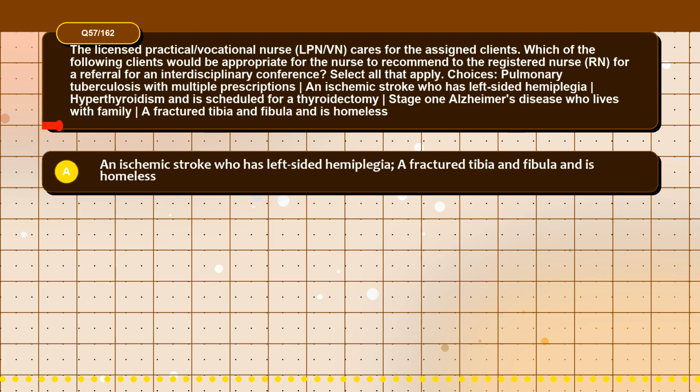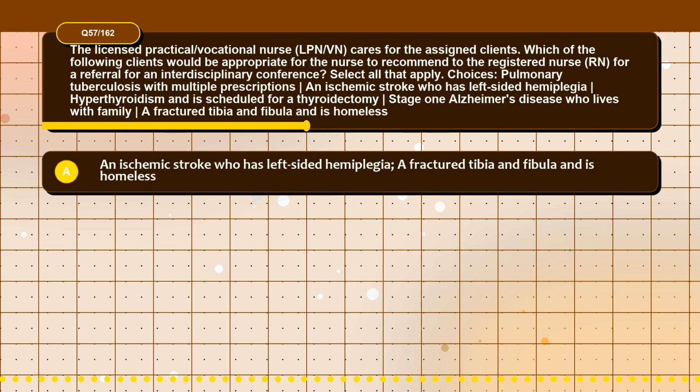Question 57. The licensed practical/vocational nurse, LPN/VN, cares for the assigned clients. Which of the following clients would be appropriate for the nurse to recommend to the registered nurse, RN, for a referral for an interdisciplinary conference? Select all that apply.